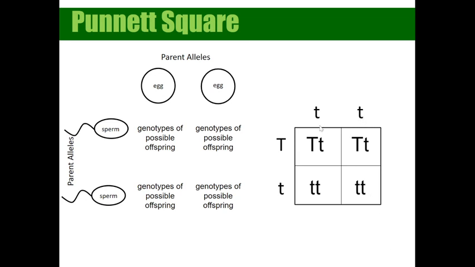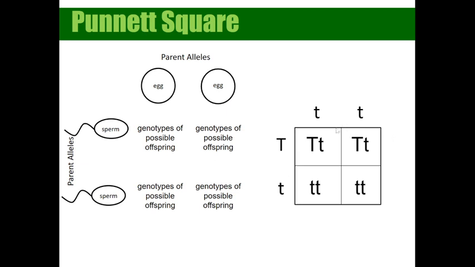Little t, which is homozygous recessive, is coming from the mother. So you know that whatever trait we are trying to cross, the mother is homozygous recessive, so she does not carry the big T. But according to Dad, he is heterozygous because he's got a big T and a little t.